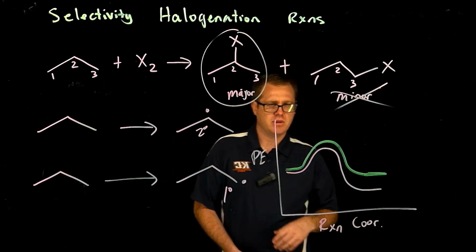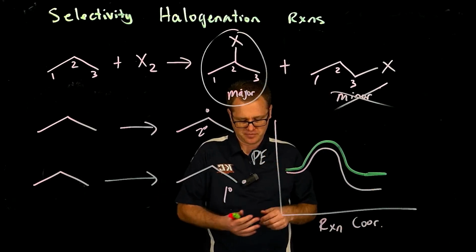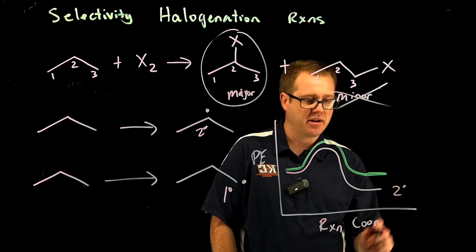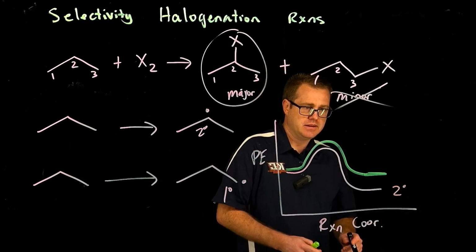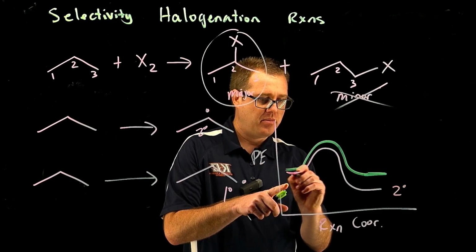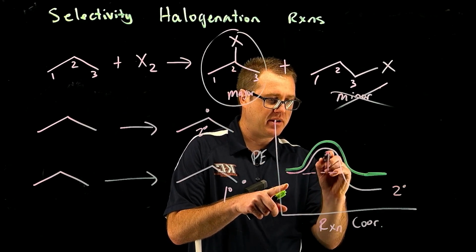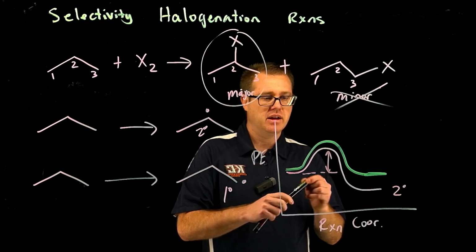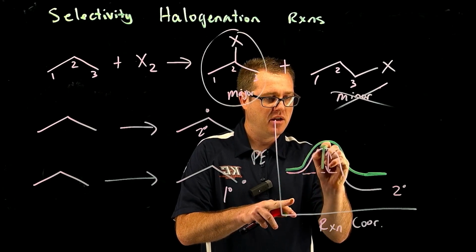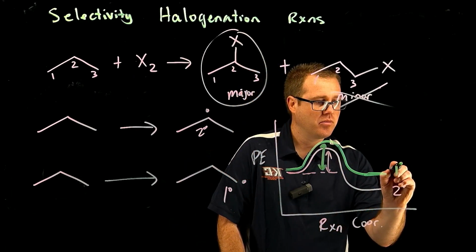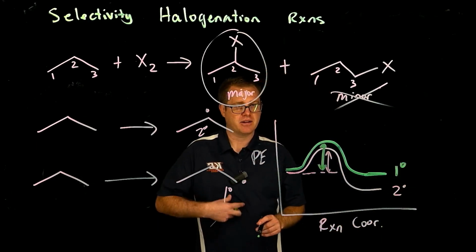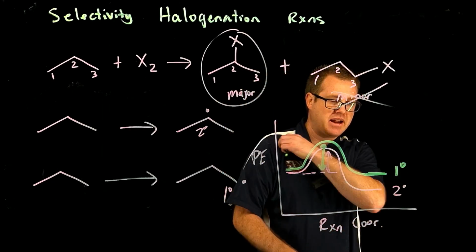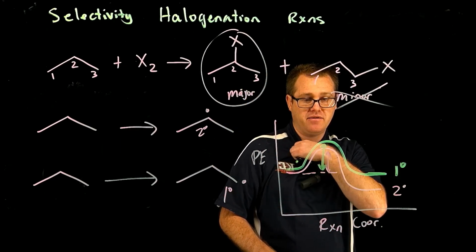Okay. So what's the difference here between these two? Well, this one in the pink, that's going to be our secondary radical. It's easier to form because the energy of activation right there is smaller in comparison to the energy of activation for the primary radical. Also, why is the secondary radical more stable and more likely to form?